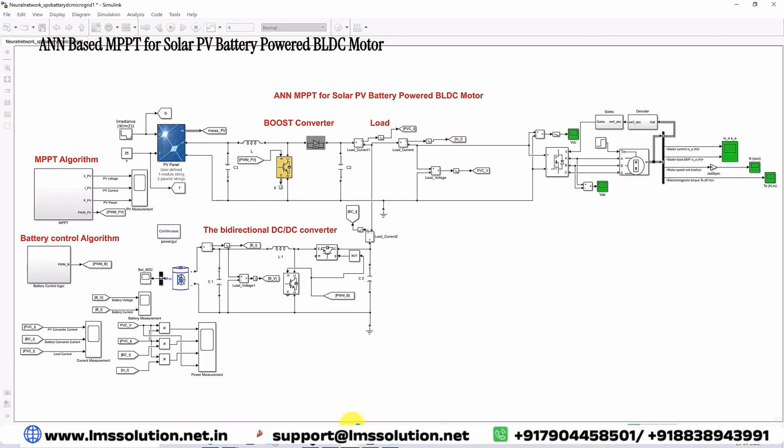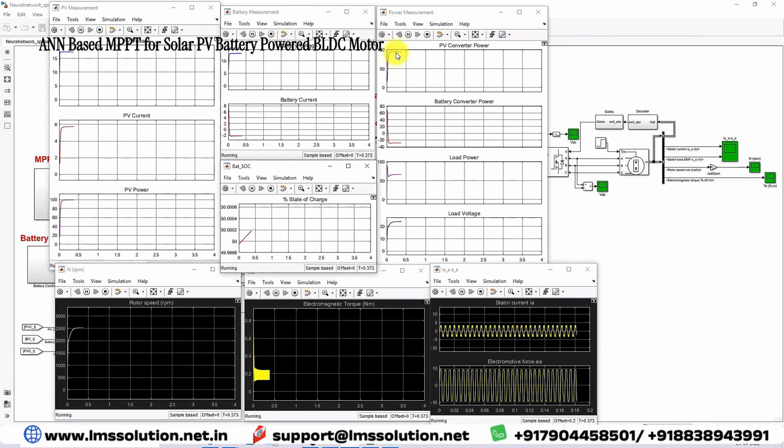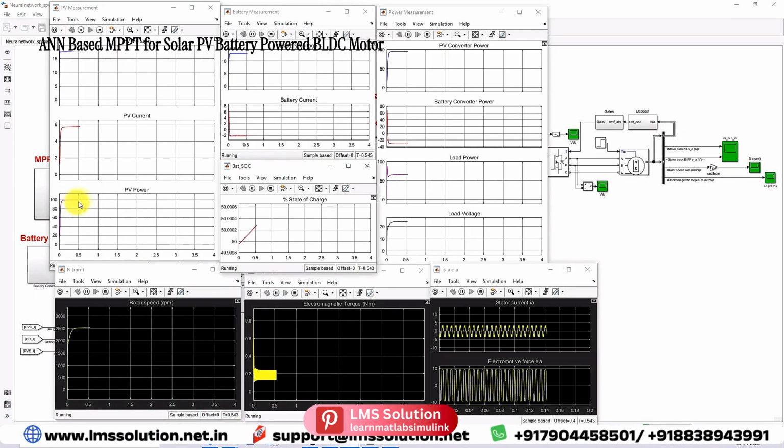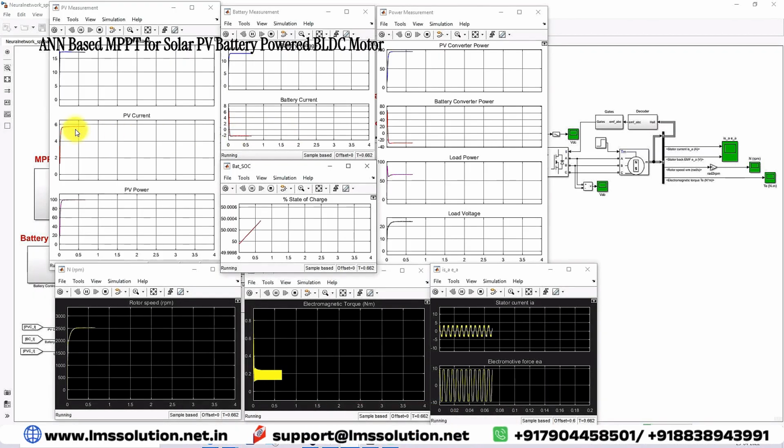Now I am simulating this model. Now you can see the PV converter power. Here the PV power generation is around 100 watts during that 1000 watts per meter square. The battery current is -2 amps, and the PV is having 5.9 amps, and the battery keeps on charging from 50%.